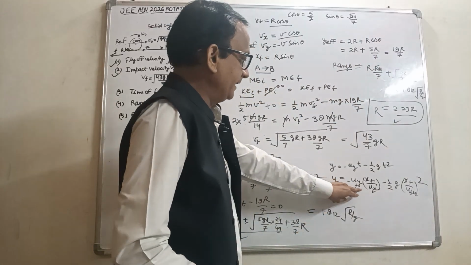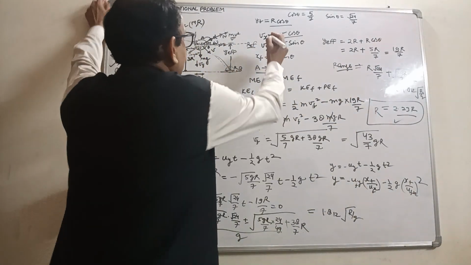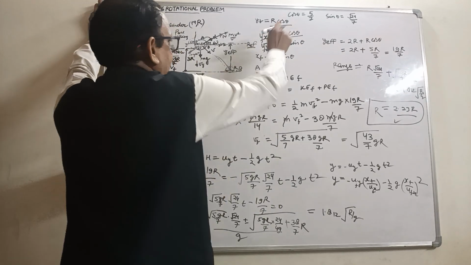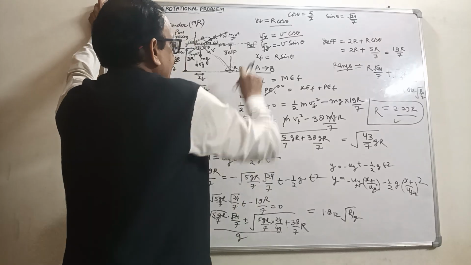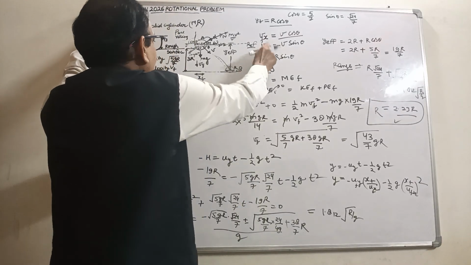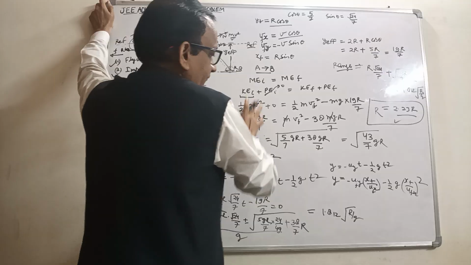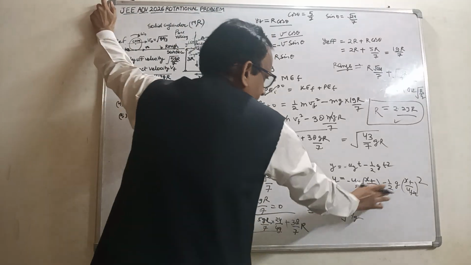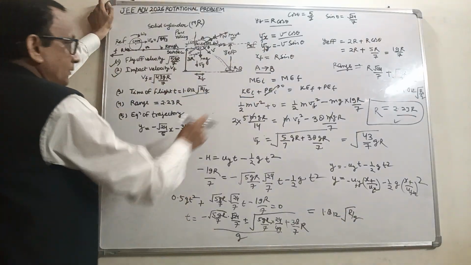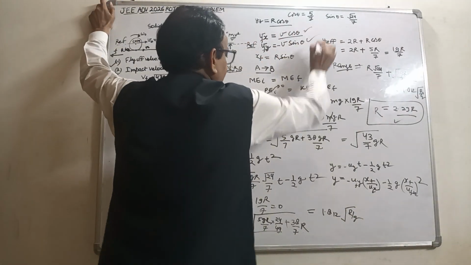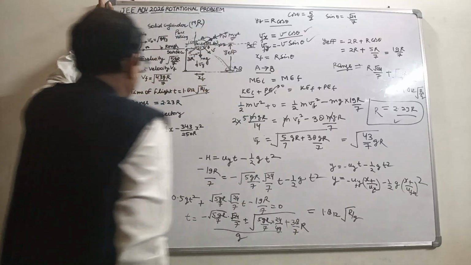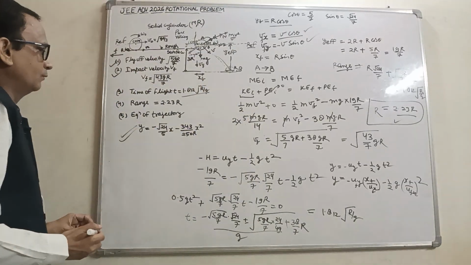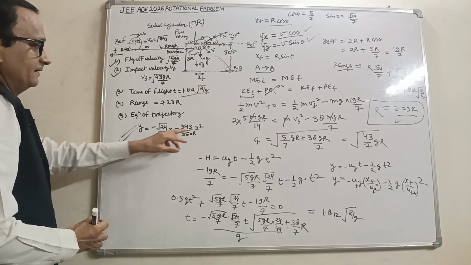Here ufx is the flying velocity in the x direction and ufy is the flying velocity in the y direction. This is the flying velocity, not the final velocity. By placing these values in this equation, we get the equation of trajectory: y is equal to minus root 24 by 5 x, and so on.